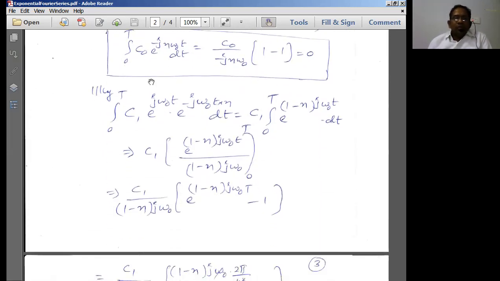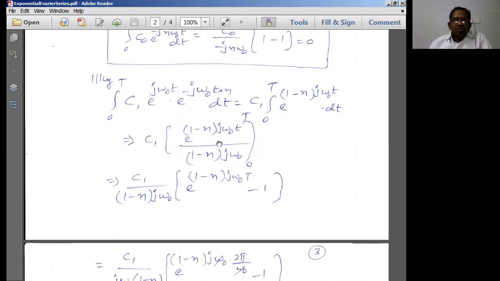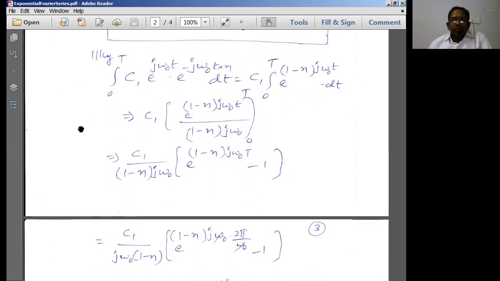Similarly, I'll go with the first term in this particular exponential expression. The integration of c naught is the term for the DC component. The next term we are going to have is the fundamental frequency component. So let us look into the fundamental frequency component multiplied with the exponential signal e power minus j omega naught t n.